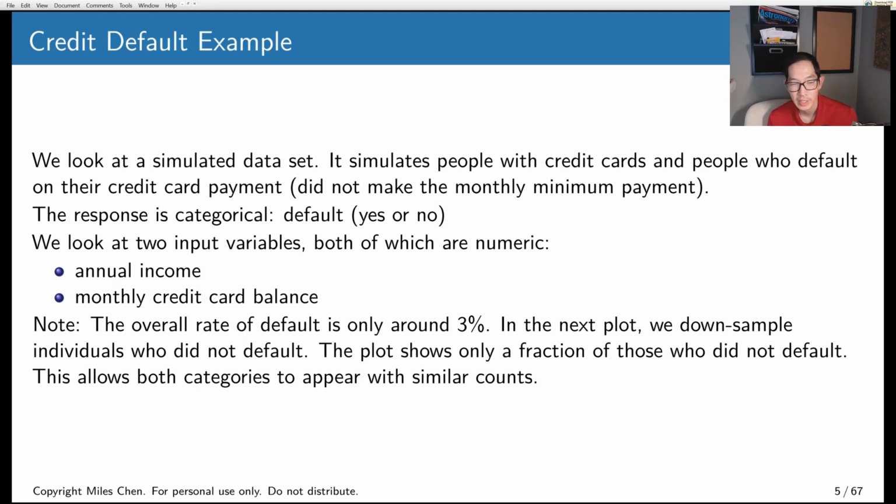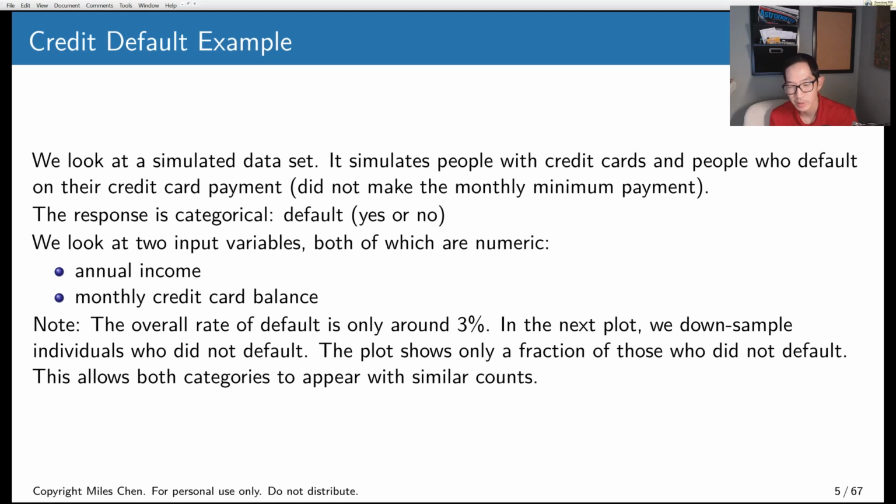What we'll show in the next plot is that we're going to downsample individuals who did not default. Downsampling means that we don't show every single individual who did not default, because that's too many people, and it would make the plot harder to read.